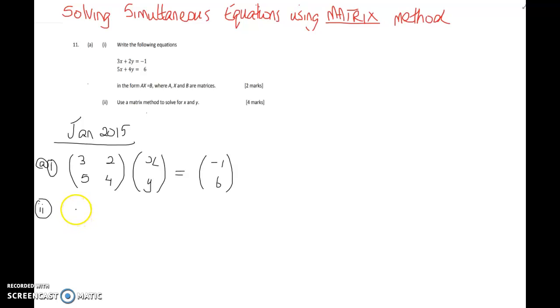So in this case, we want to leave the x and the y alone here, meaning we want to carry across this. Now, when we carry across a matrix from one side to the other side, it becomes the inverse of this matrix.